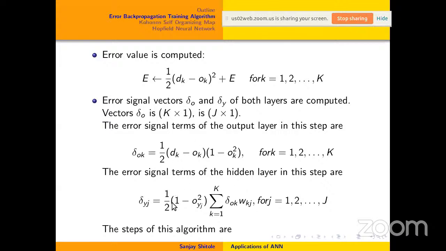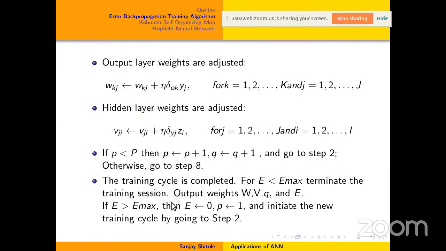These two mathematical notations are already there, and proofs are available in many textbooks. They were designed by machine learning engineers based upon the delta learning rule. We do not have that much time to go into that, but I am giving you the idea: after calculation of the error, calculate the delta value at both layers, output layer and hidden layer. That's all.